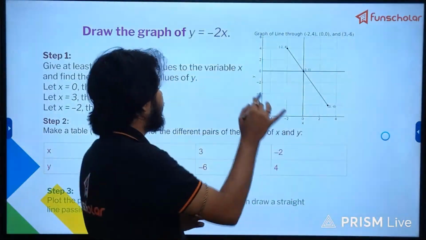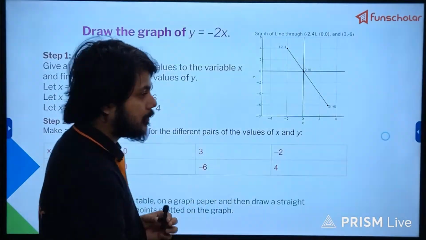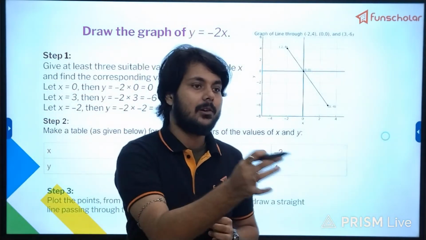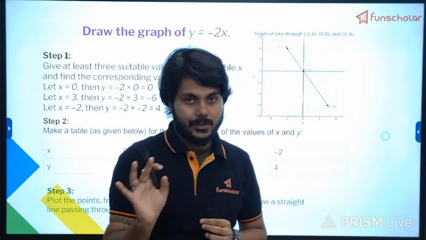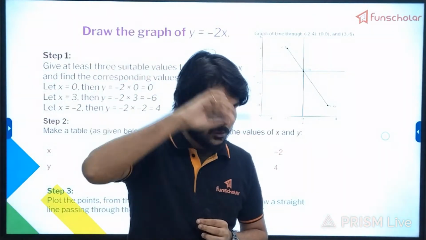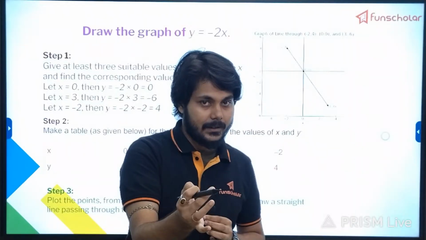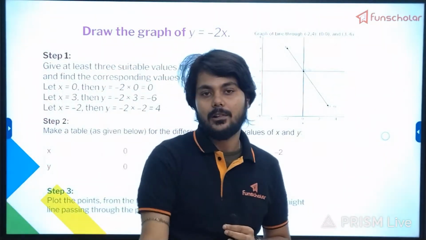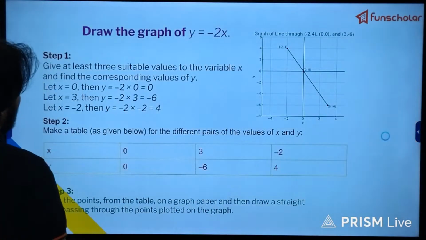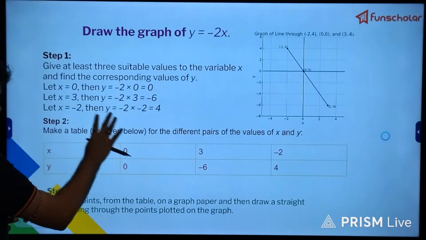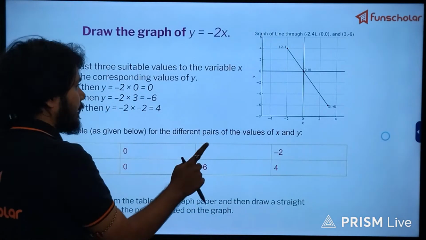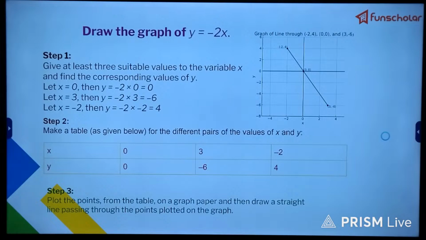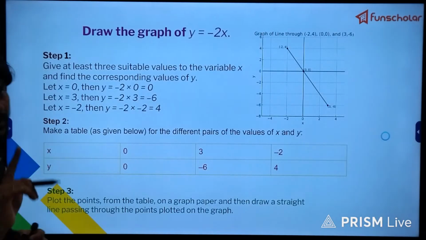Just put 3 different values of x, for which you will find 3 different values of y. Make coordinates and plot them on the Cartesian plane. Join the three points, you will get a straight line. That straight line will be the graphical representation of this algebraic expression. I am not doing this because I have already done a similar question. This is your task to visualize the whole solution and steps and draw the graph yourself.